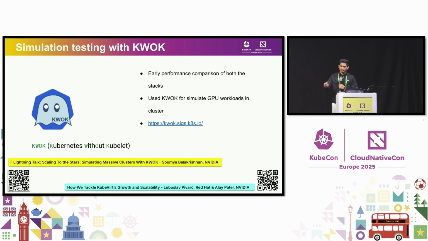But focusing on the control plane scalability, in order to scale test this, we wanted to find an easier and a cheaper way to scale test it. That's where we use KWOK. KWOK is Kubernetes WithOut Kubelet. And basically, it's a simulation tool which can help you create fake nodes in the cluster as well as fake pods.